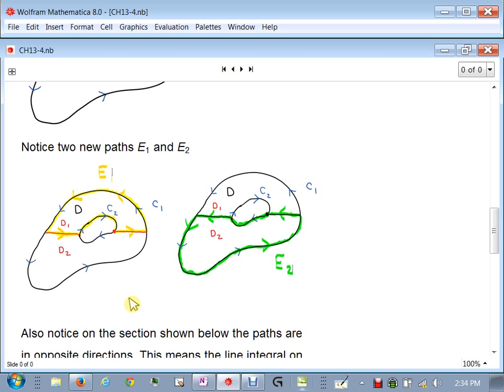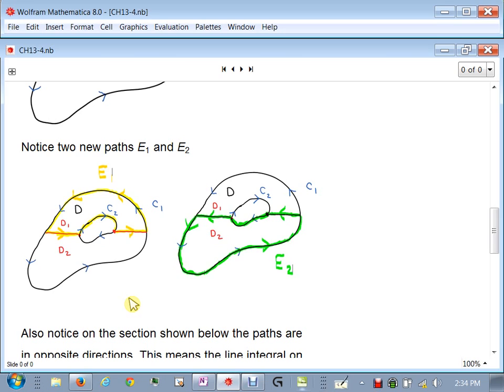Okay, so now what about the line integral over E2? Well, E2 is also positive orientation, right? So doesn't that give us the double integral over D2 of dA, right?